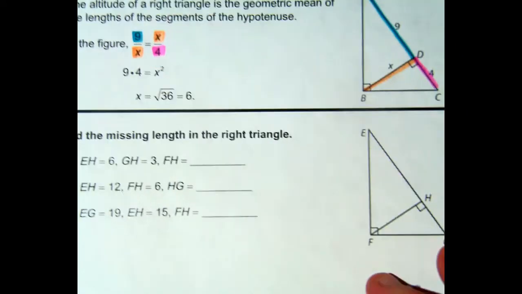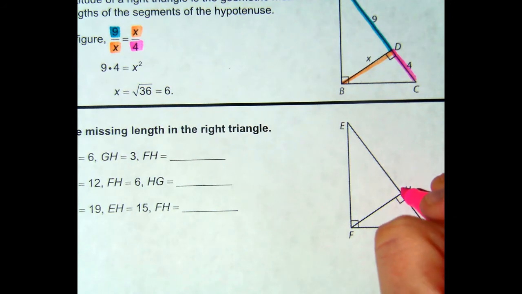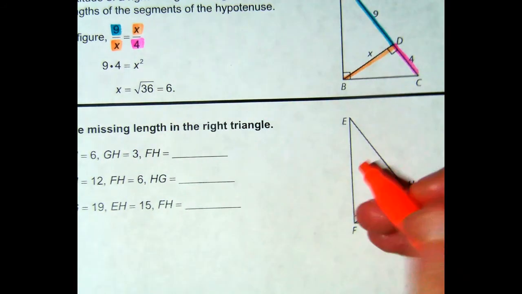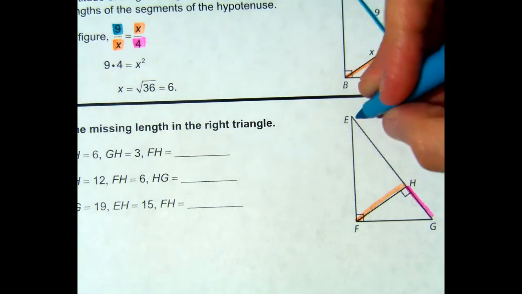So I'm going to highlight this picture the same. So I've got part of the hypotenuse, the altitude, and the other part of the hypotenuse.